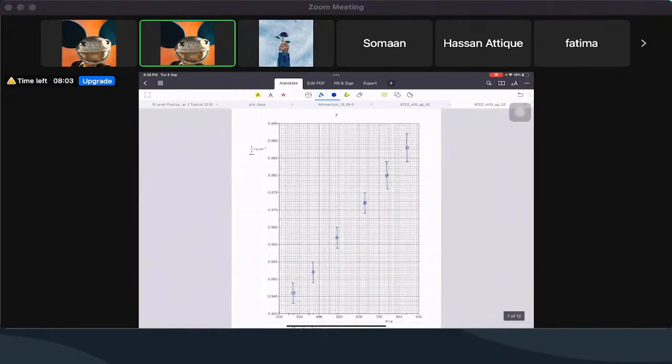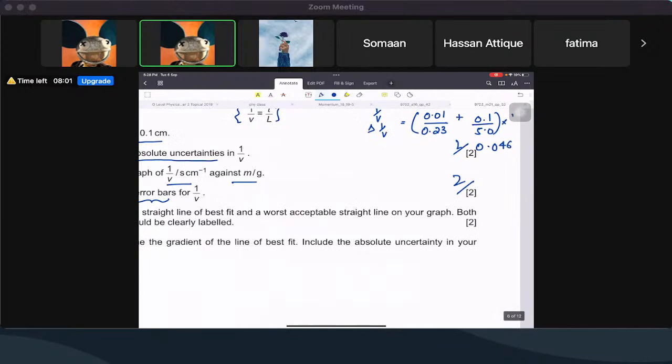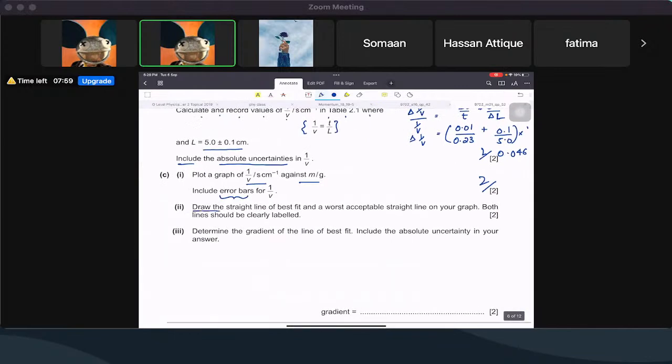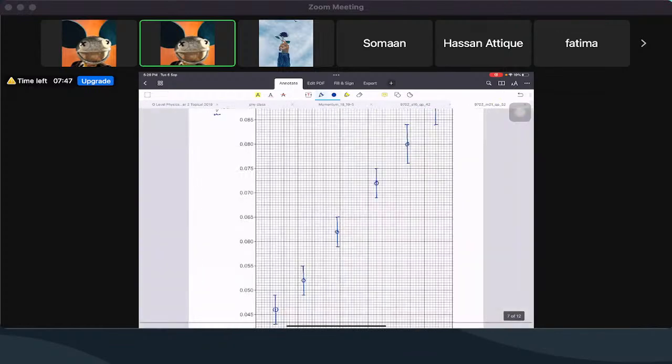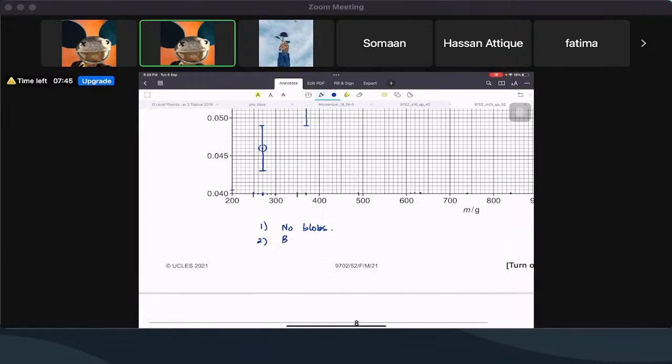Okay, now in the next part they will say, draw a straight line of best fit and a worst acceptable straight line on your graph. Both lines should be clearly labeled. Now what to do? The best fit line, I tell you, means points equally divided above and below.